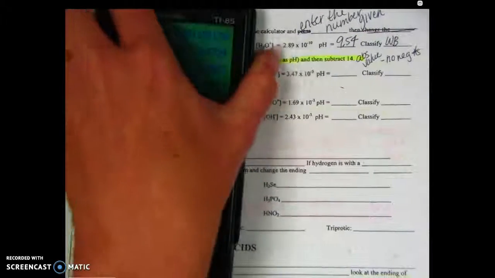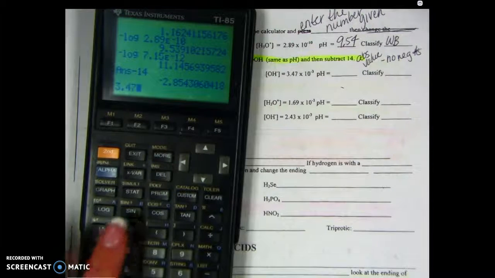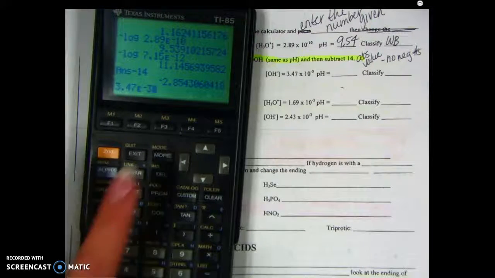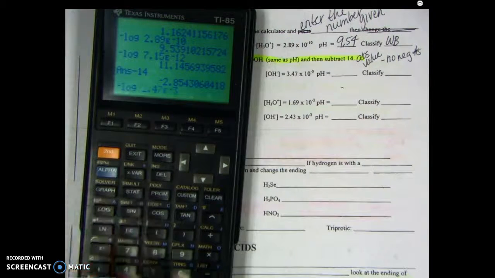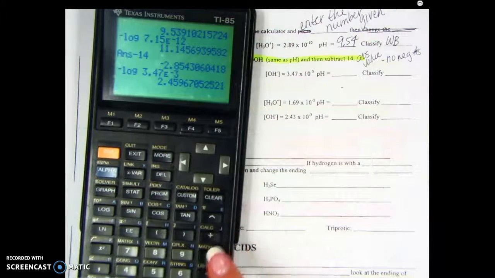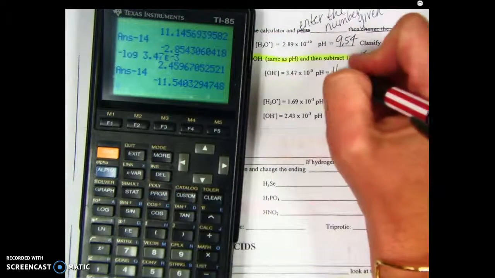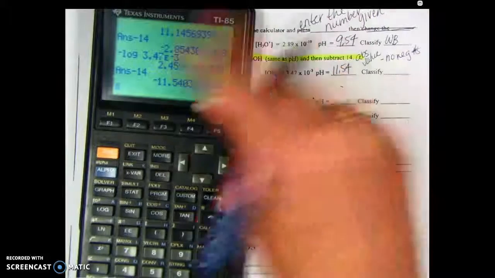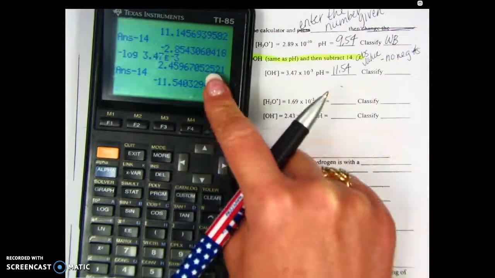We have 3.47 e to the negative third. Oops, I forgot to do the negative log. Negative log of 3.47 e to the negative third. I'm going to subtract 14 from it, and I get 11.54. Because this number right here is the pOH, and I'm looking for the pH.